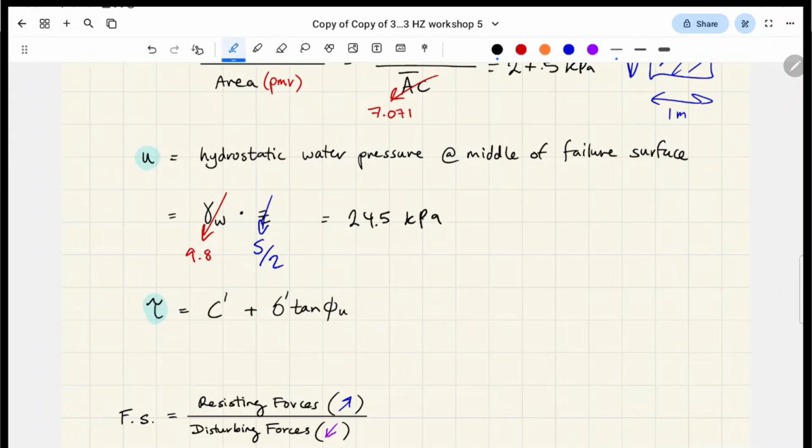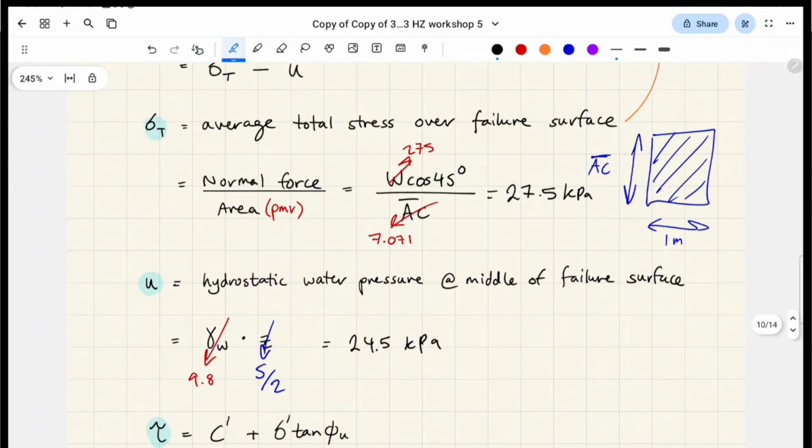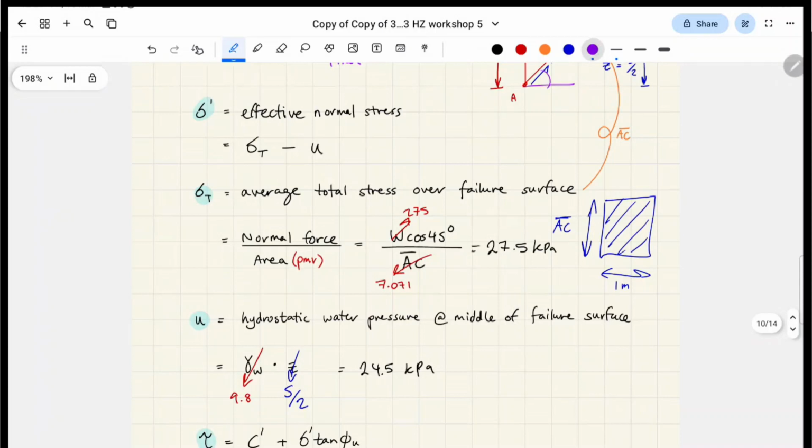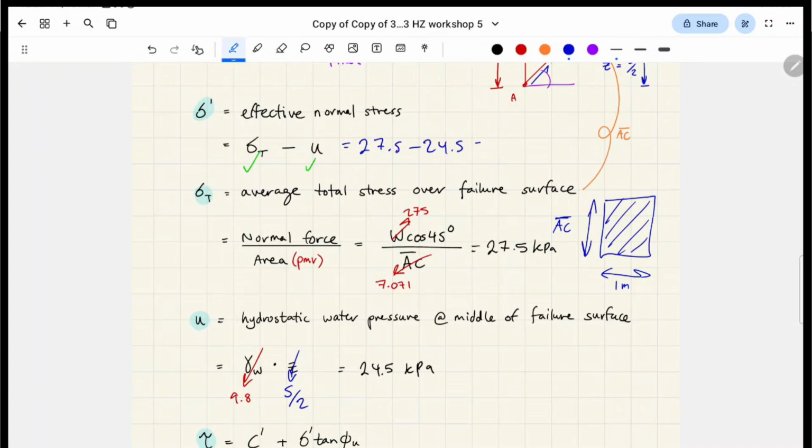All good? Now, since we have this component, we just subtract them off each other. 27.5 minus 24.5 gives us 3 kPa.